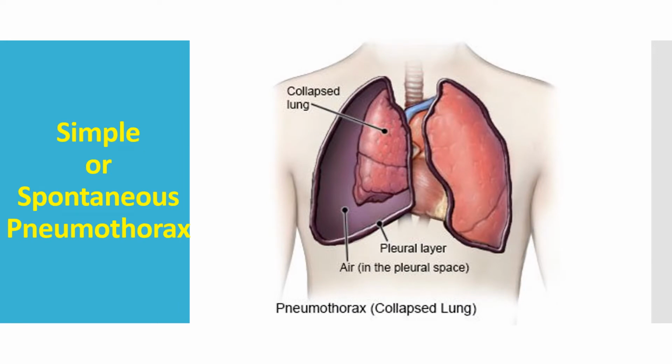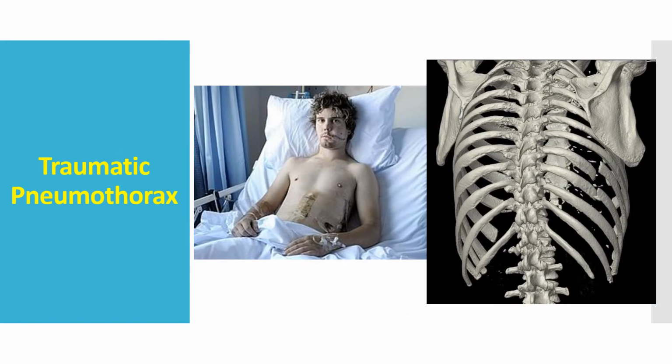In this slide, we see simple or spontaneous pneumothorax. And you can see there's air between the pleural layer and the lung with compression of the lung tissue. A traumatic pneumothorax may also occur during invasive thoracic procedures such as a thoracentesis, biopsy, or insertion of a subclavian central venous catheter.